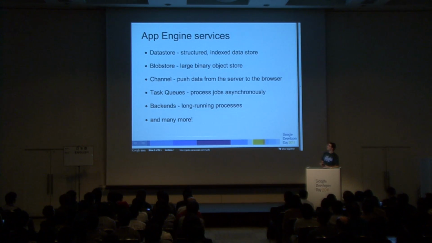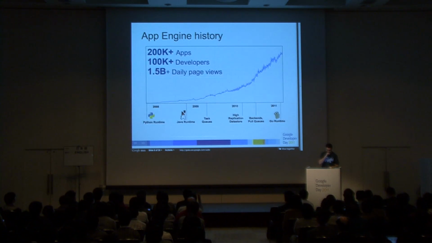The channel API, which we'll look at today, for pushing data from the server to client front ends. There are task queues for scheduling tasks to be run outside of a user request and to do more long-lived tasks. And then there's backends, which are great for processes that can run for a very long time, background batch jobs. And there are also about a dozen other services, which I won't talk about today.